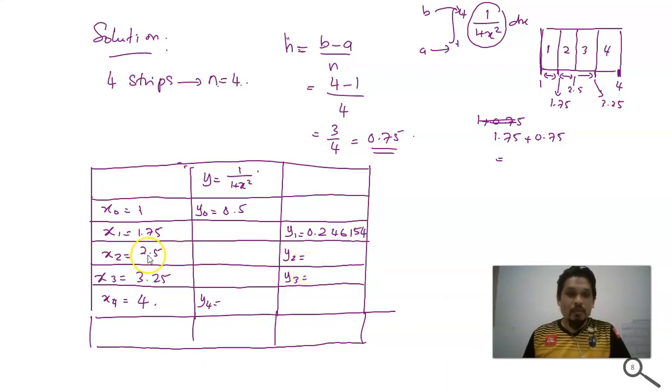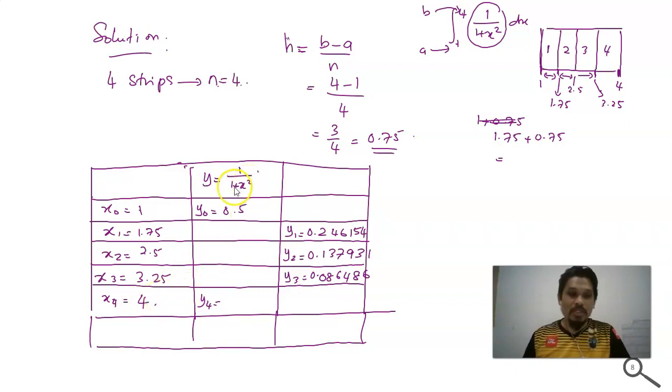For 2.5, 2.5 squared plus 1 and 1 over everything gives y2, which is 0.137931. For 3.25, 3.25 squared plus 1, then 1 over everything equal to 0.086486.